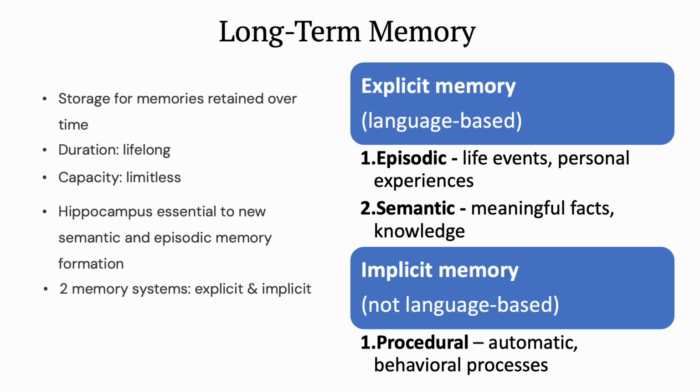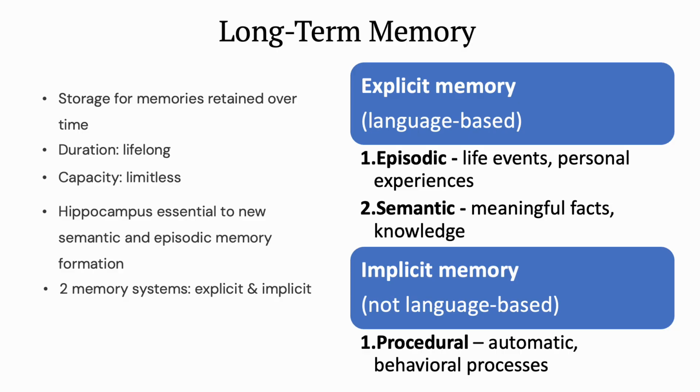So I can tell you about, say, the first time I ever gave a public speech, or I can tell you the first time that I had my first kiss or my third birthday. All of these are episodic, but these are things I can easily access. I know they're there. Semantic, this is usually information about the world. So facts, things that are objective or at least semi-objective in terms of our ability to validate them.